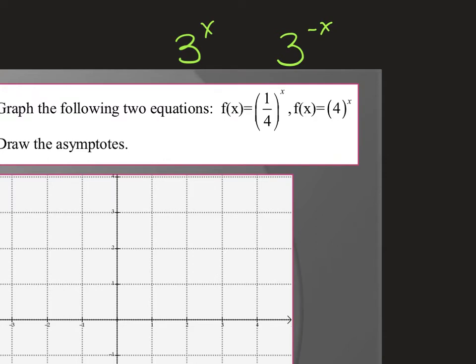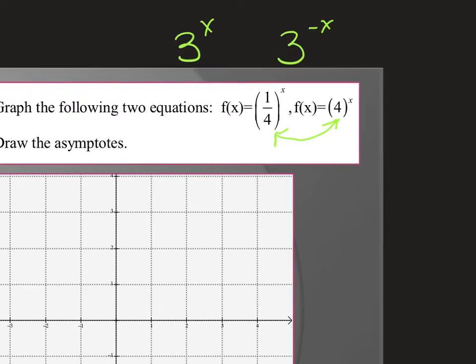The bases were the same. Our transformation, our reflection, however you want to say it, happened in the exponent. In this case, 1/4 and 4 are what of each other? They're reciprocals. One is a decay, like Isabella just told us. The other one is a growth.